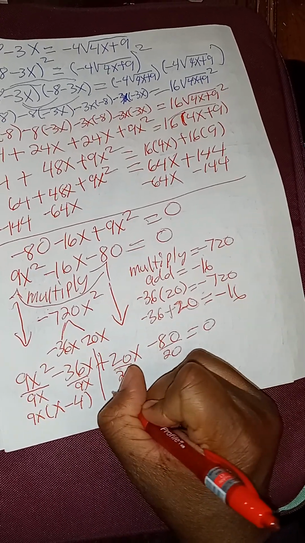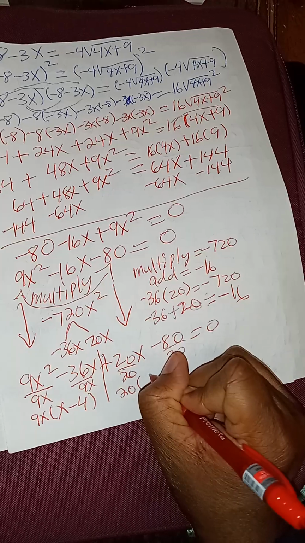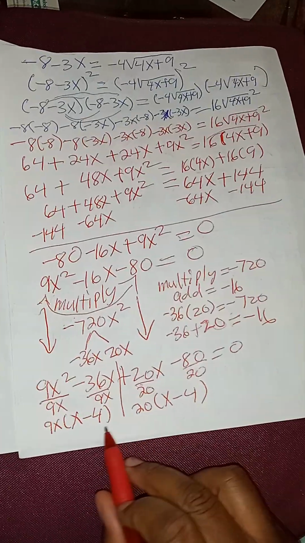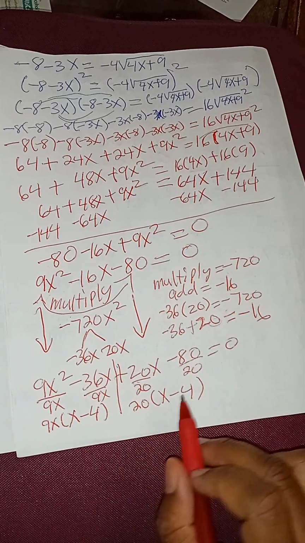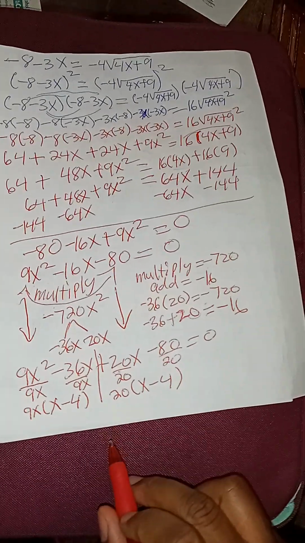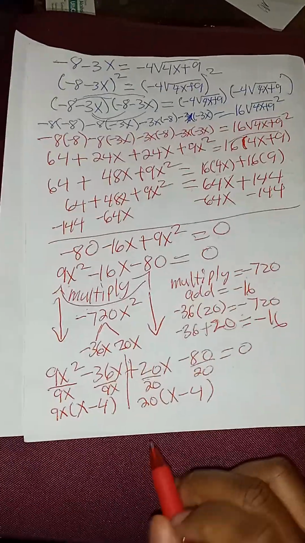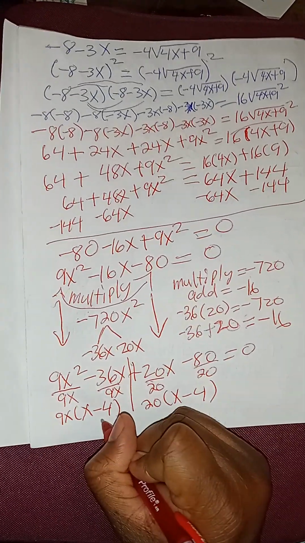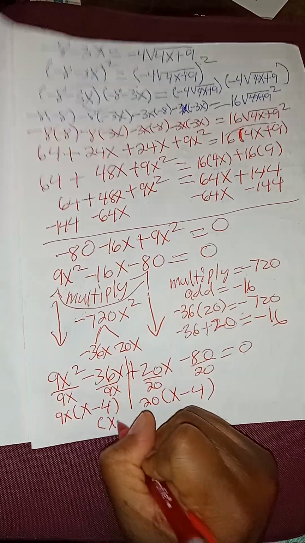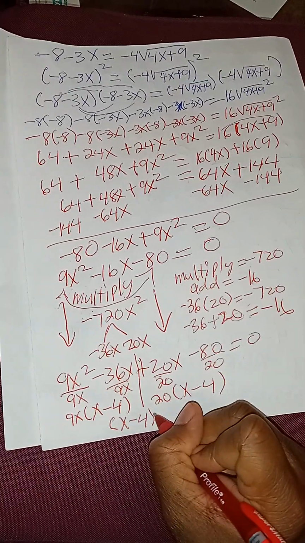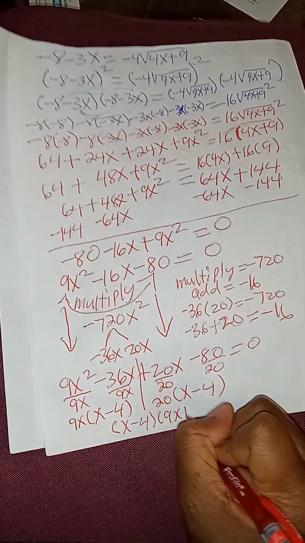And when we factor out a 20, we're left with x minus 4. Now that we have the same factor on both sides, we can continue. This is called the greatest common factor. So it's going to finish up with x minus 4 times 9x plus 20.